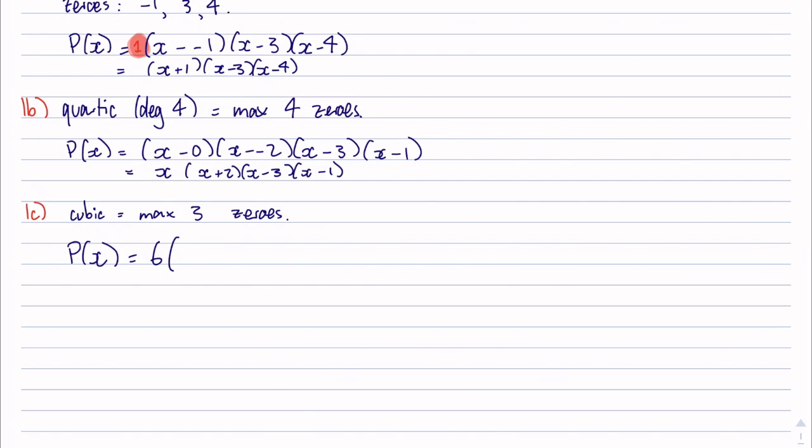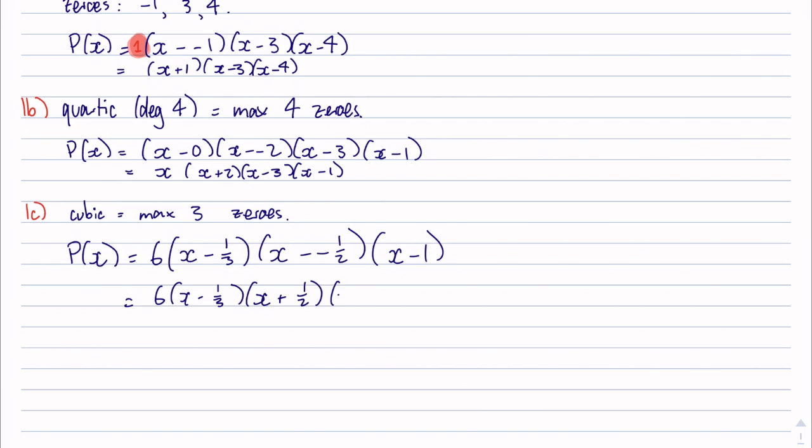Now the zeros they've given us are a third, -1/2, and 1. So, I mean, you could write x take a third, x plus a half, and x take 1. But we don't like to write it like that. So I'm going to show you the long way and then the short way to figure what this will become.